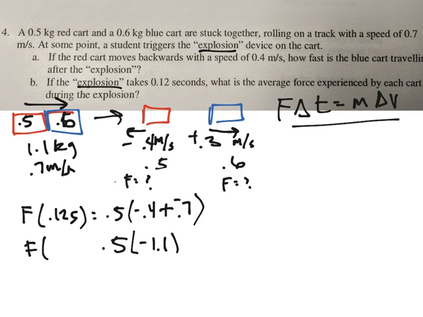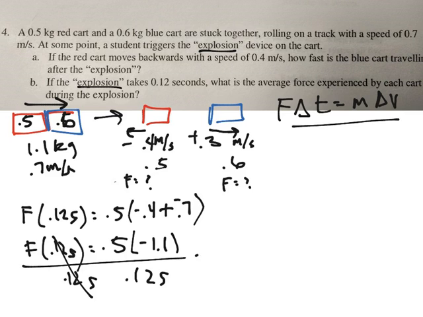We have force times 0.12. Remember, this is an s, not a 5, seconds. Divide by 0.12 on both sides. This crosses out, so the force is equal to 4.6, or more exact, negative 4.6 newtons. This is its force backwards.